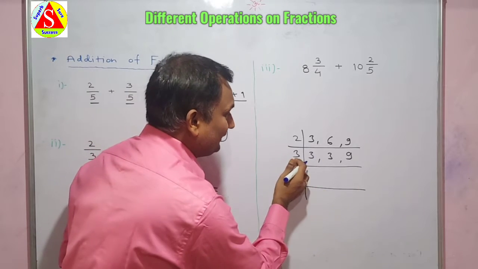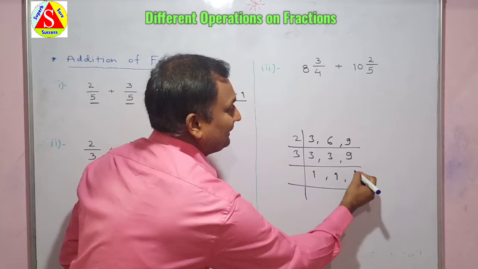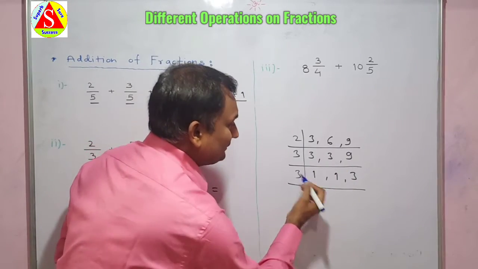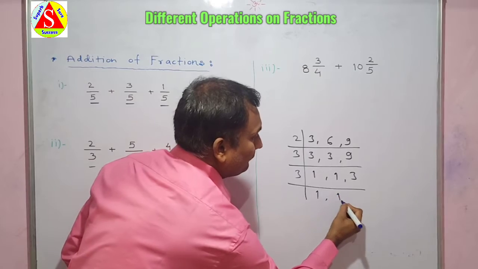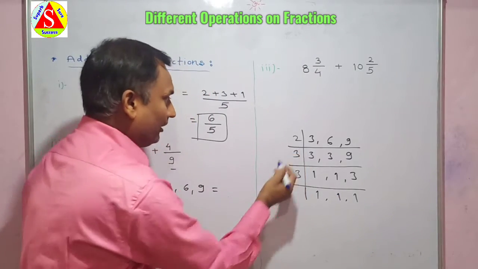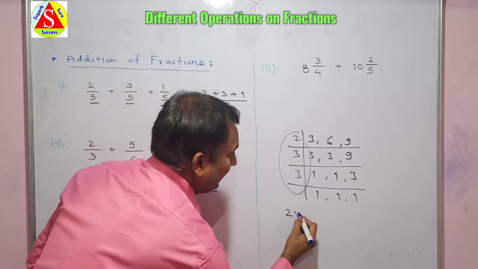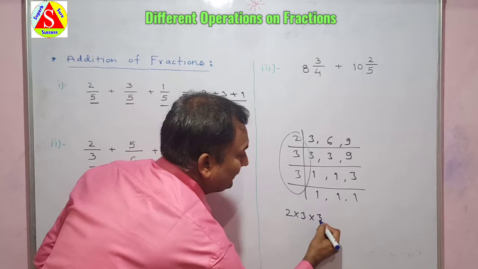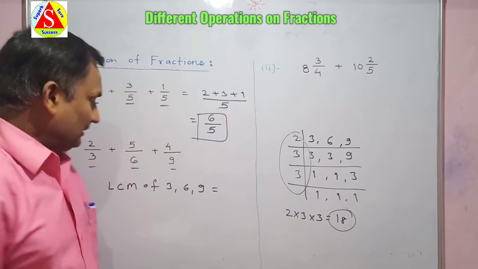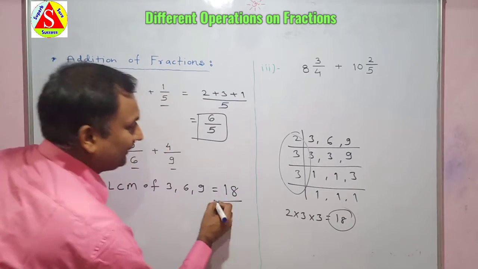So let's divide it. 3 1s are 3, 3 1s are 3, 3 3s are 9. Again we can divide it by 3: 3 1s are 3, 1, 1, 1. So dear students, the LCM of 3, 6, 9 is 2 into 3 into 3, that is 18. So the LCM of 3, 6, 9 is 18 here.